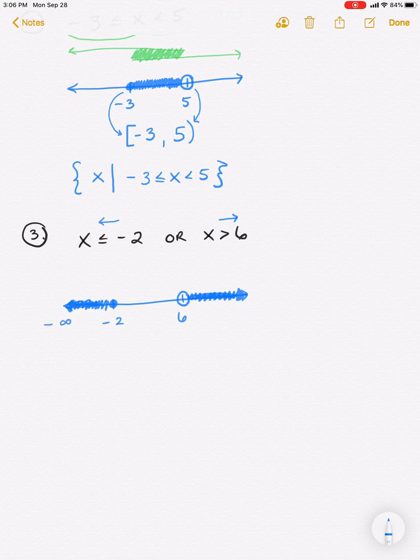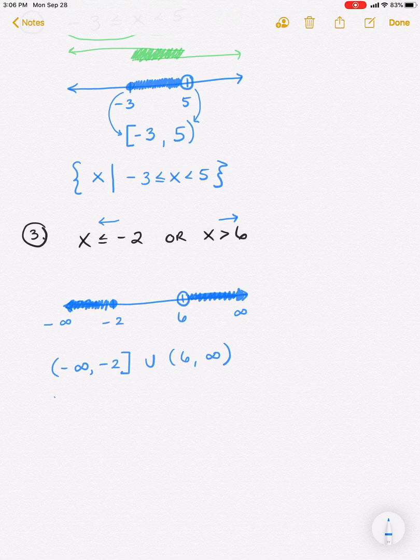So from -infinity to -2, and that takes a break, and then from 6 to infinity. So how's this going to look? It's going to go parenthesis -infinity to -2 with a bracket. And then because we have another section, we put a union symbol in between, and this is going to go from parenthesis 6 to infinity. Okay?